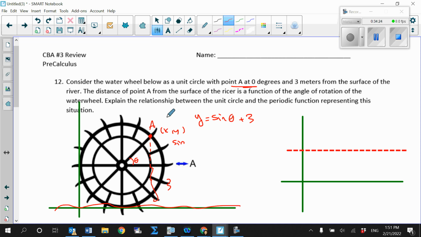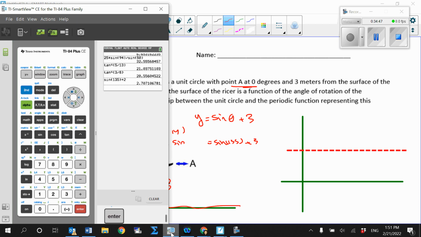At each time, if I want to know the height of the point, I just need to find the angle. Let's say, similar to what we did before, my angle is here at 135, then I just plug that in. It's going to be sine of 135 plus 3.